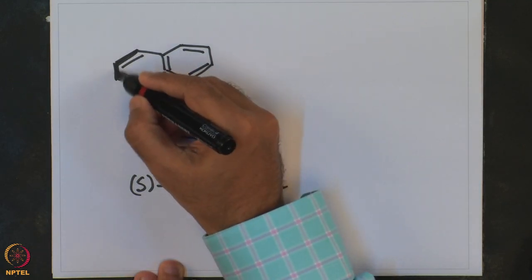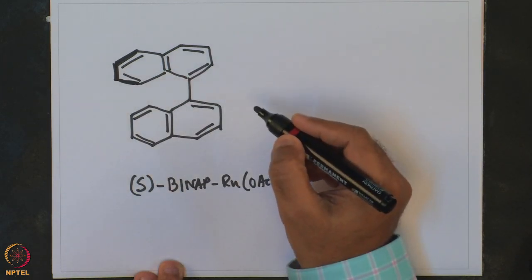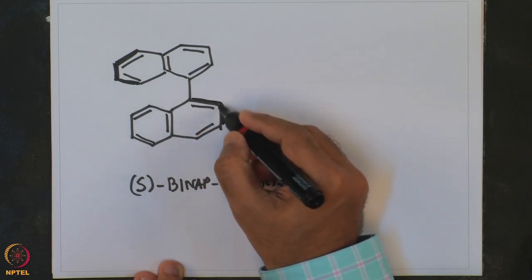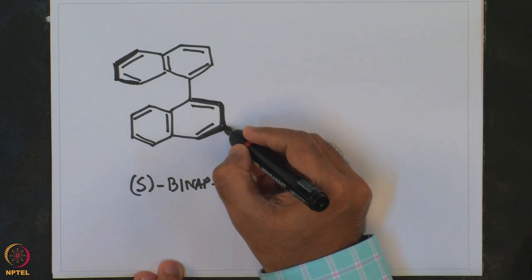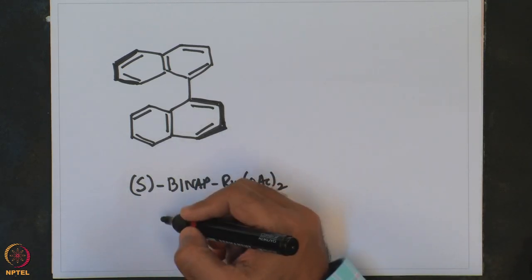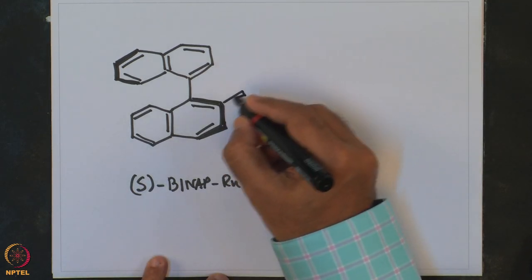So, this page of the BINAP ring is coming up, and this side of this BINAP ring is pointing towards us, and this particular configuration is known as the S configuration.